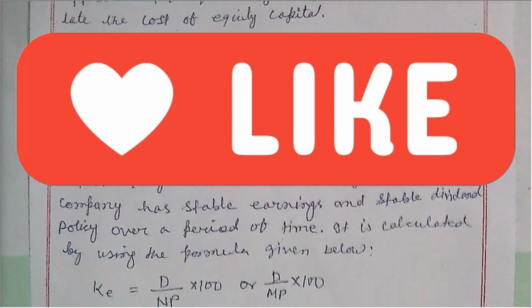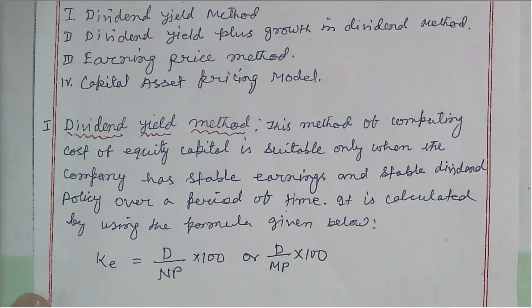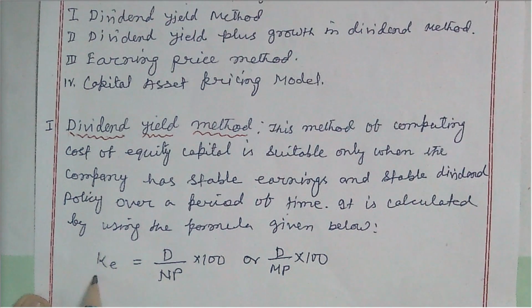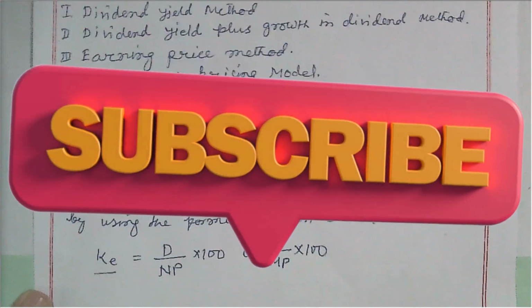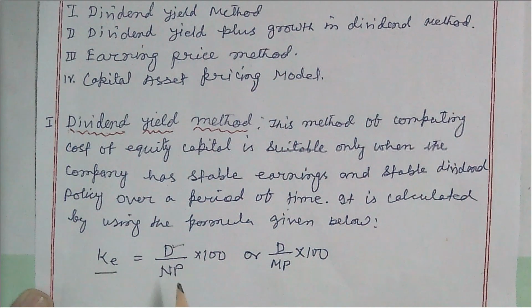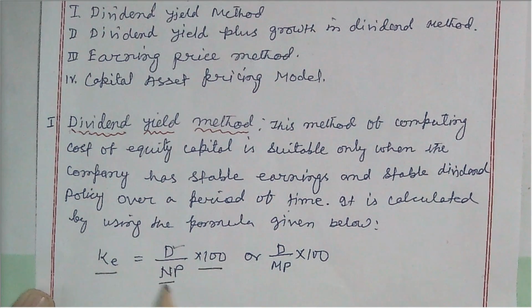The formula for the cost of equity share capital is Ke, where Ke stands for cost of equity share capital, equals dividend for equity shareholders divided by net proceeds multiplied by 100.